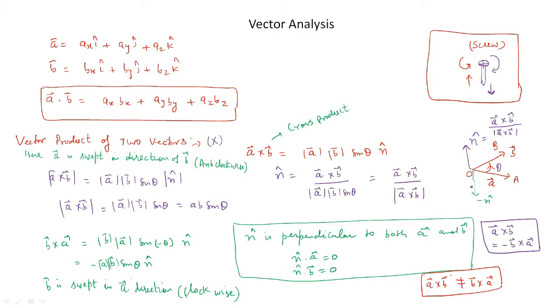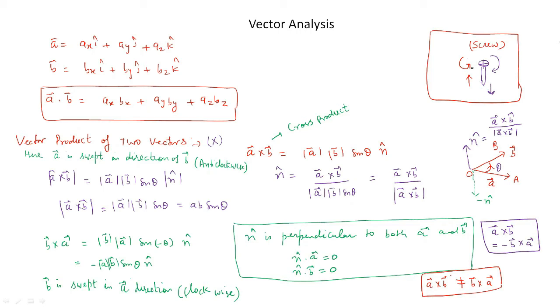It can be understood by the Maxwell right-hand screw rule. So if this is your screw here, you can see that if you rotate your vector B in vector A's direction, then the knob of the screw moves in the downward direction.